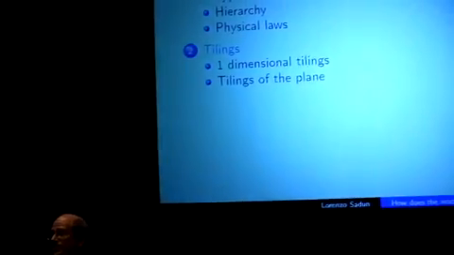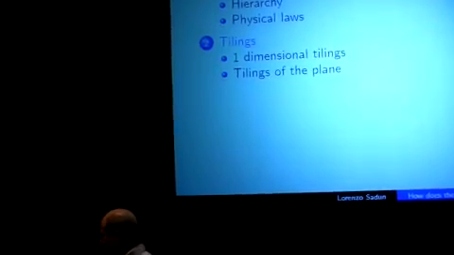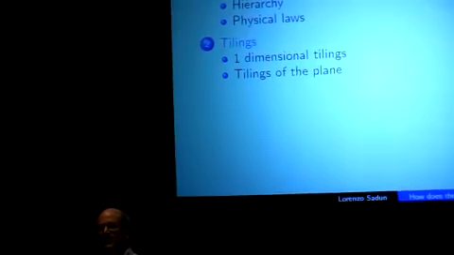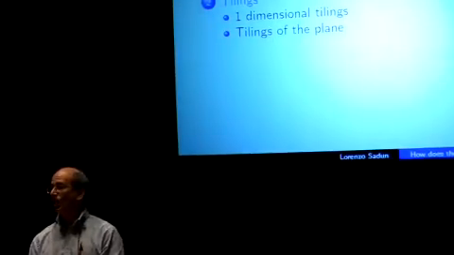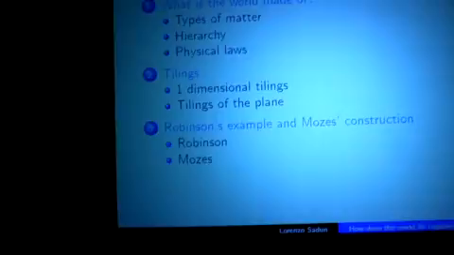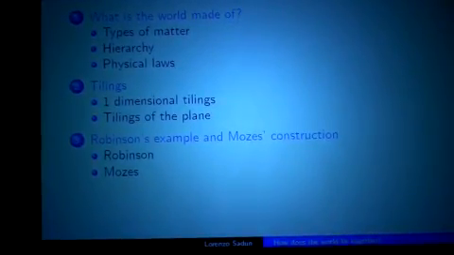We're going to do that first in one dimension and see what some of the structures are there. And then we're going to go to 2 dimensions. And we'll see that within the world of tilings, there's sort of an explanation for how these other forms of matter actually work. Of course, that's still in 2 dimensions. We're going to talk in particular about some constructions by Raphael Robinson and Shahar Moses.